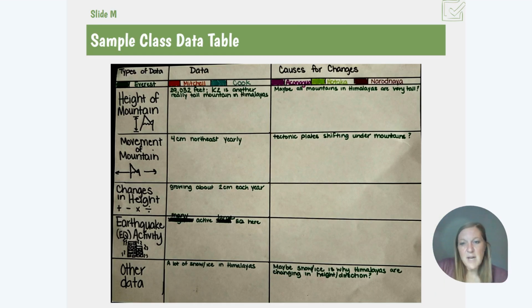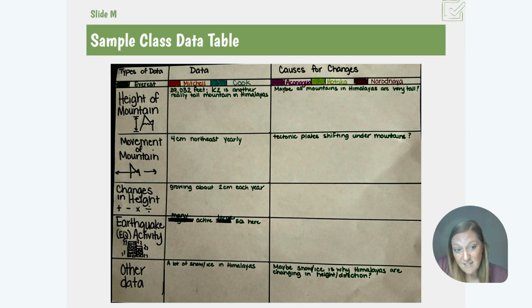Okay, so after reading that card, what do you think we should add to our data table that seems important for helping us figure out more about this Mount Everest phenomenon? Here's an example of what my class thought should be included. So we have information about how high the mountain is, how it's moving, how much it has changed, whether there's earthquake activity.